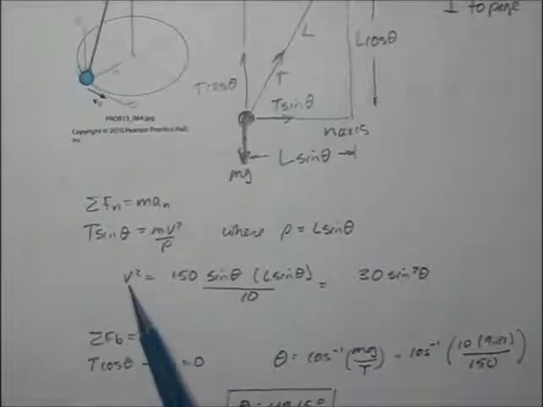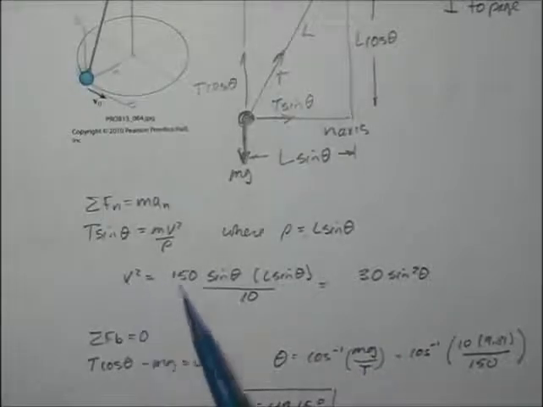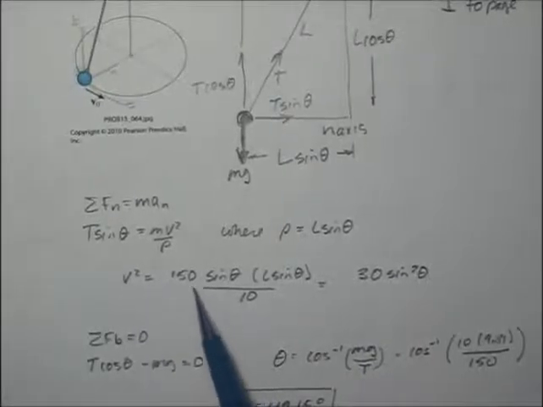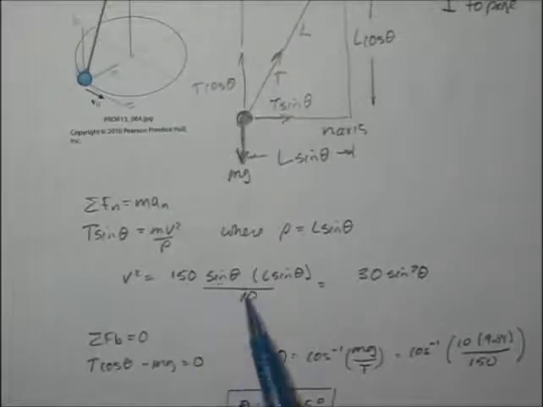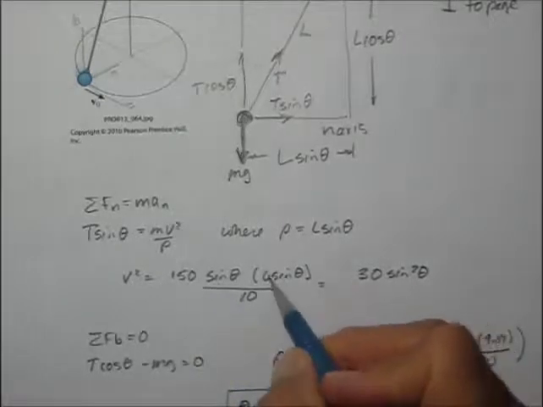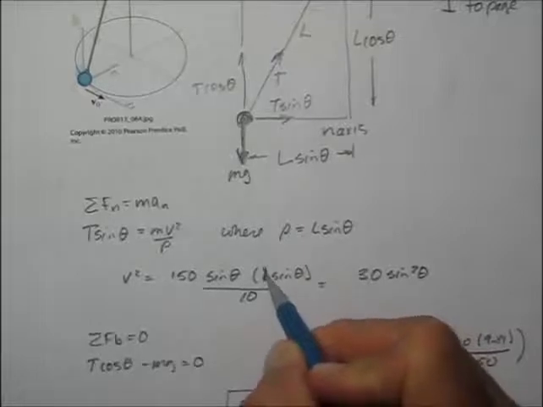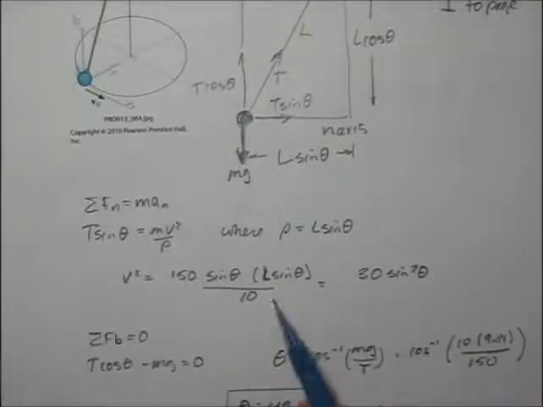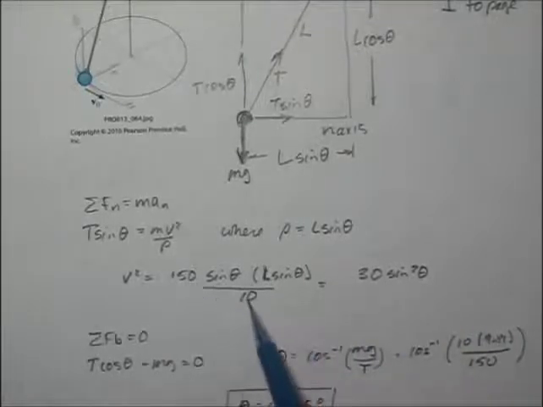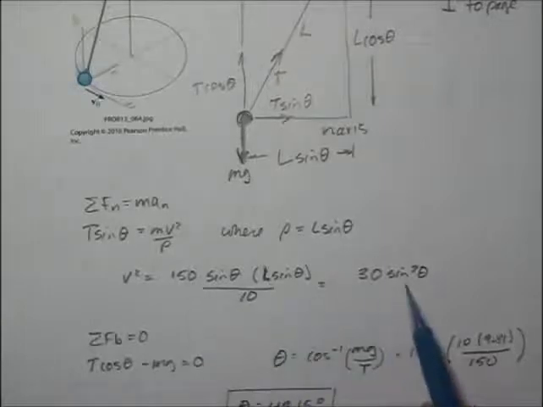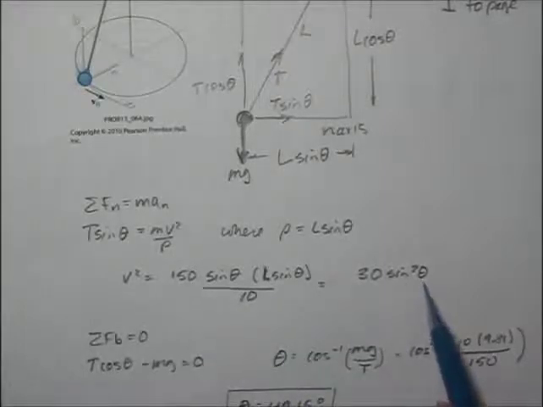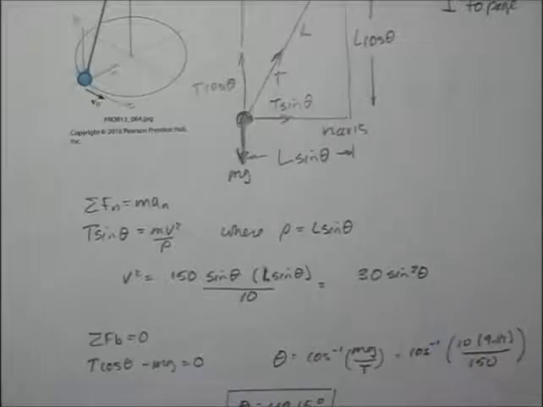Solve that for v squared, and I get 150 sine theta times L sine theta, where L is 2 and 150 over 10 is 15 times 2, and that simplifies to 30 sine squared theta. All right.